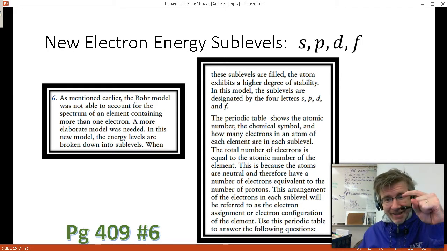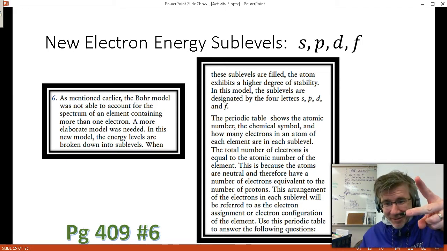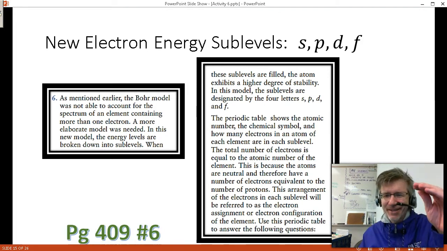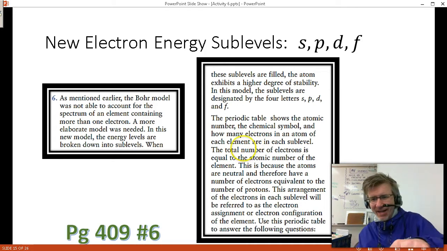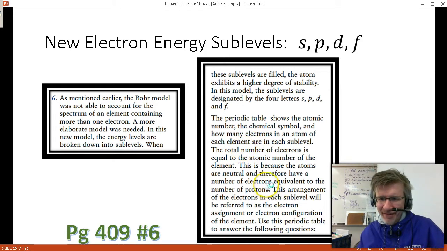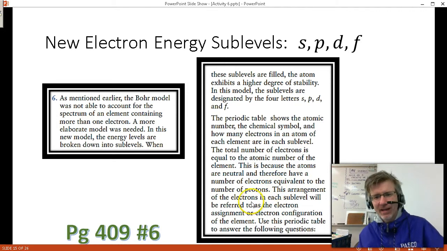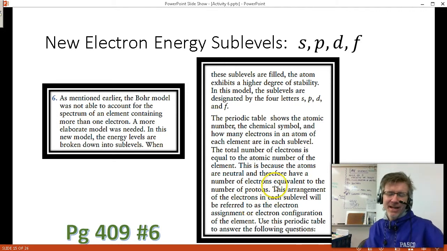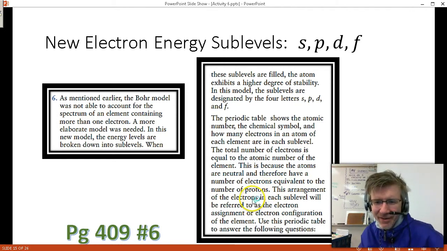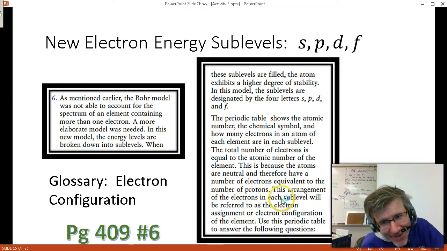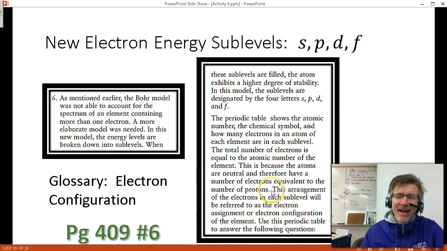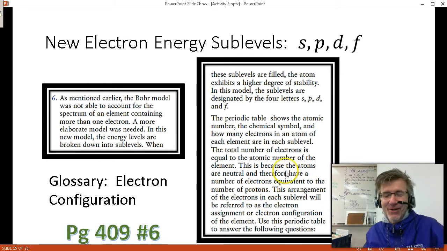So the number of electrons, atomic number, number of protons, all of those are equal in atoms that are neutral. And that's what we're saying here, that atoms are neutral. The arrangement of electrons in each sublevel will be referred to as the electron assignment or electron configuration. So we're going to string together some letters and numbers, S, P, D, and F, and then we're going to call that an electron configuration.